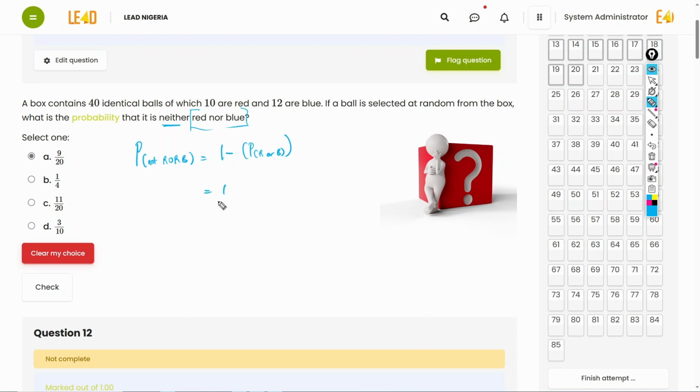That will be 1 minus, what's probability of red or blue? That will be 10 over 40 plus 12 over 40. That will be 1 minus 22 over 40. I can rewrite 1 as 40 over 40, minus 22 over 40, which gives 18 over 40, which gives 9 over 20.